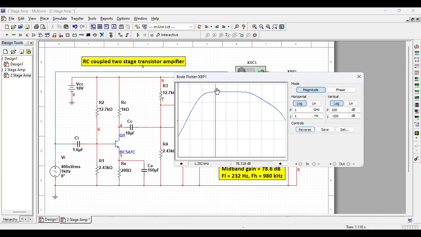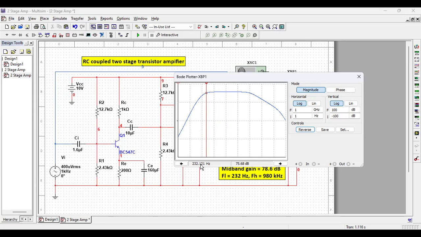Now the mid-frequency gain is 78.629 dB, let's say 78.6 dB. And 3 dB less is 75.6. Yeah, 75.68 dB. It is 232 hertz.